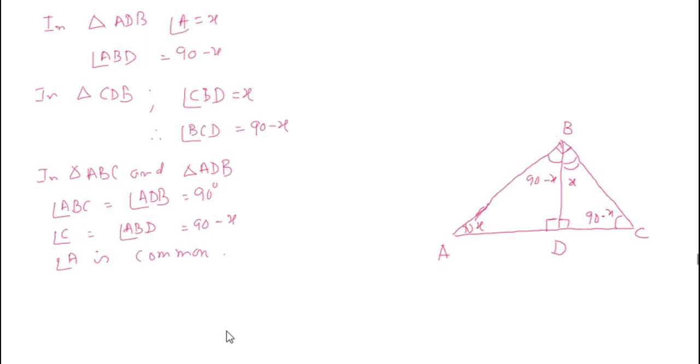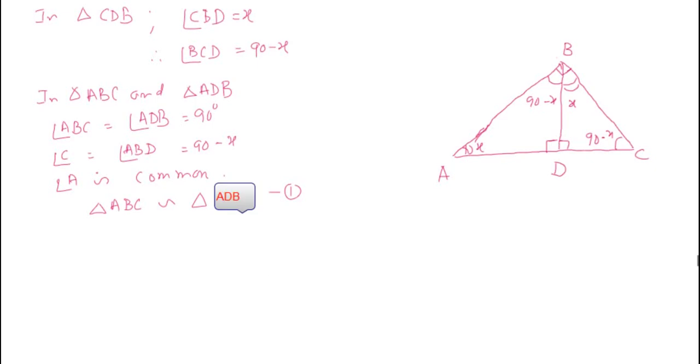Therefore we have triangle ABC similar to triangle ADB. This is one.